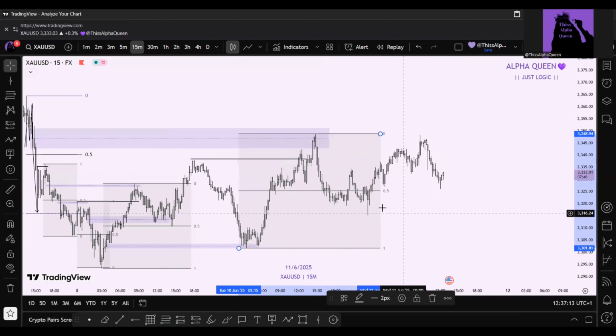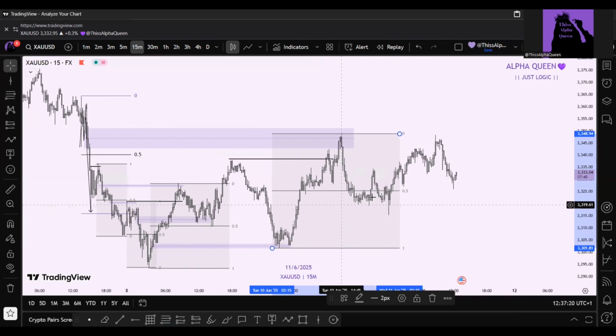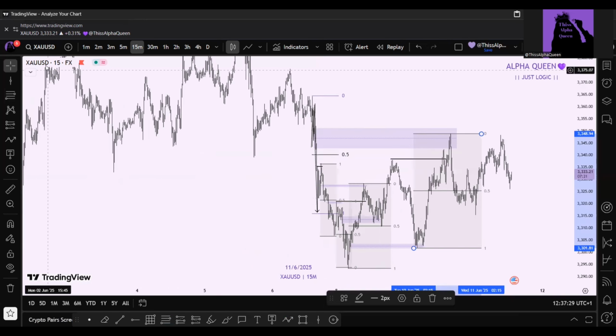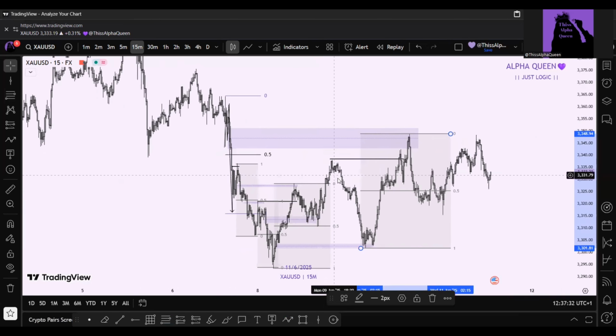Now, if you want to enter for a buy, you want to investigate what's happening here. And obviously, price moves from external to external, right? This is major liquidity. Though this is not the major external, because this is the 15-minute time frame, following 15-minute structures, this is the external for the 15-minute structure.